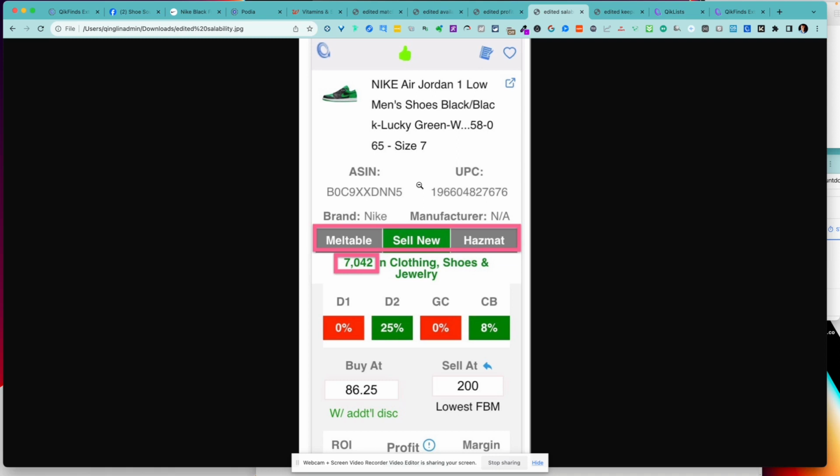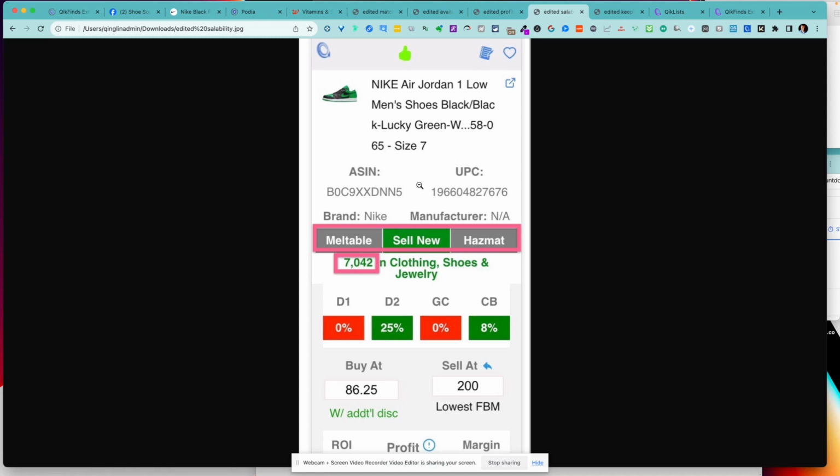If you are, you can try to see if you can get auto approved. If not, you need to go by other means, which will cost you money and time to get away from the restriction or get ungated. So you want to check that first.